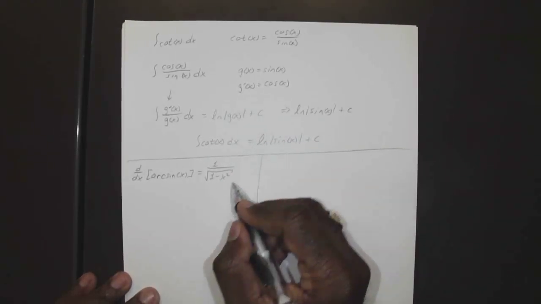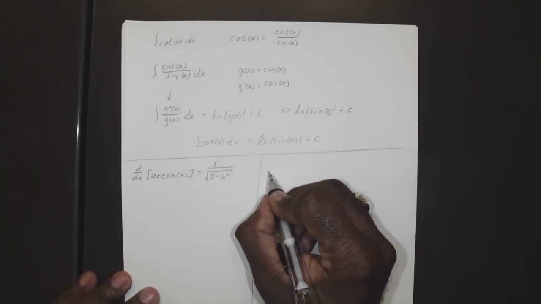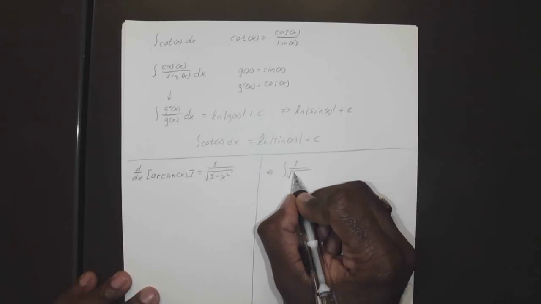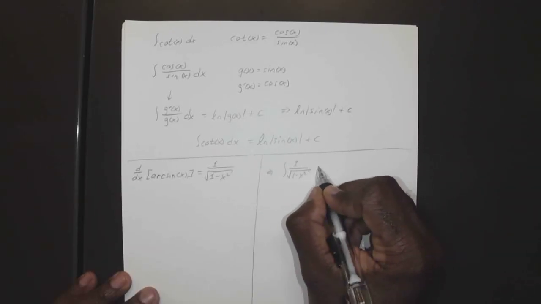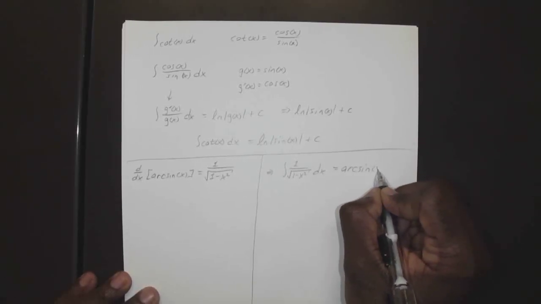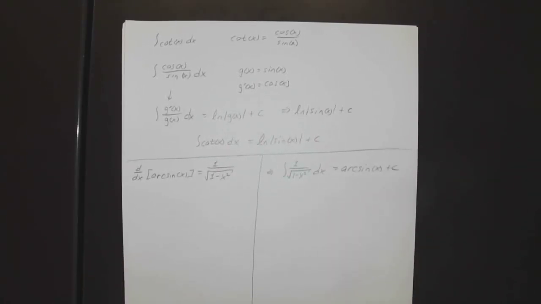Kind of separate that, because if we integrate both sides, we end up with the integral of 1 over the square root of 1 minus x squared with respect to x is equal to the arc sine of x plus c.